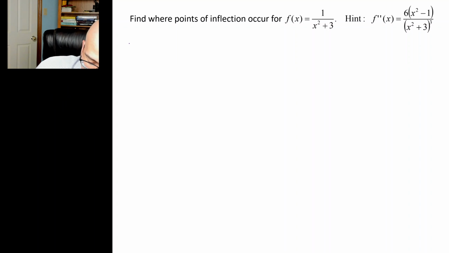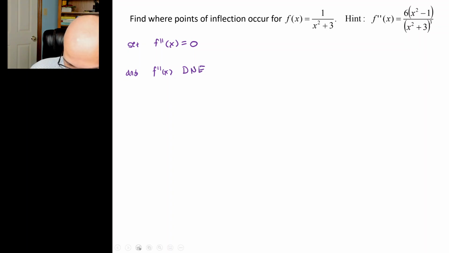Step 2, now we're going to set f double prime of x equals 0 and f double prime of x DNE. Okay, so f double prime of x is equal to 0. That means 6 times x squared minus 1 over x squared plus 3 cubed is equal to 0.